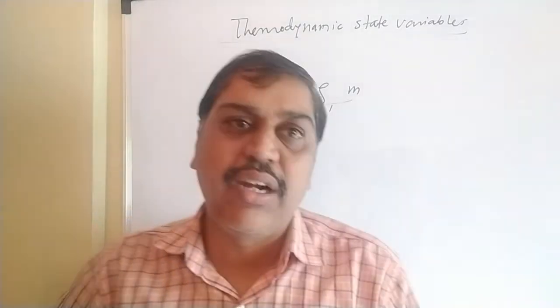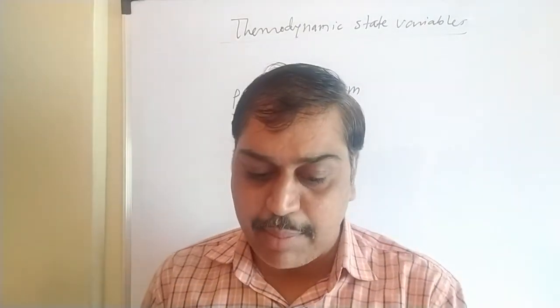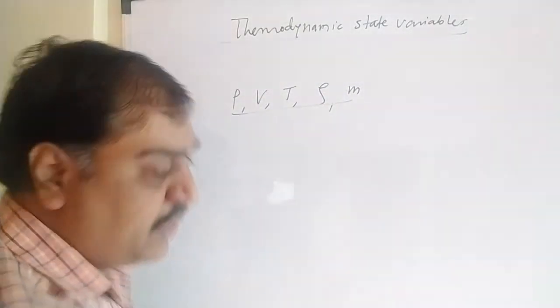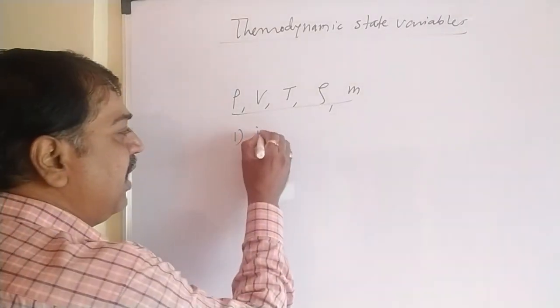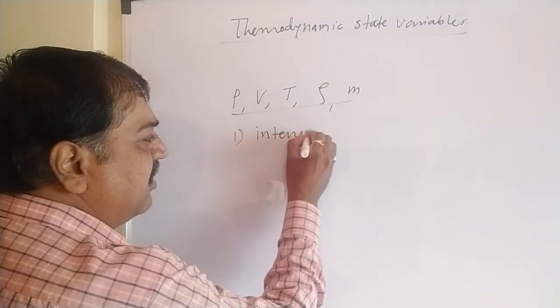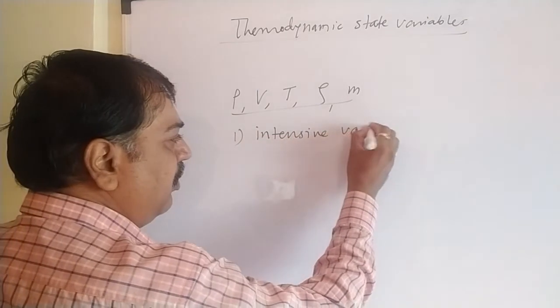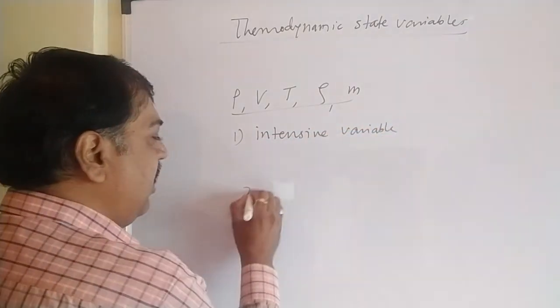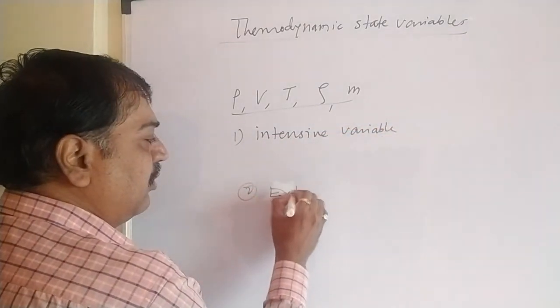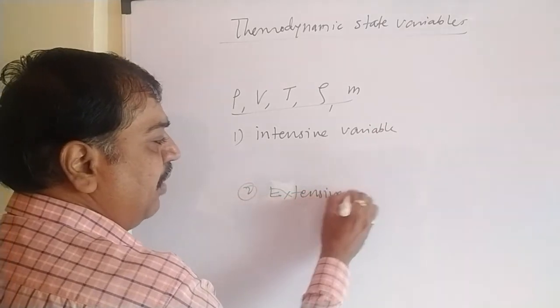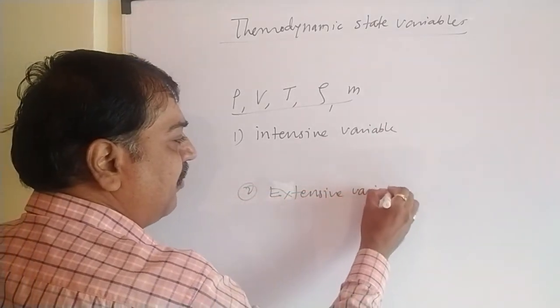Now basically there are two types of state variables in thermodynamics. One is said to be intensive variable, and the second is said to be extensive variable. So what exactly is the difference between these two?